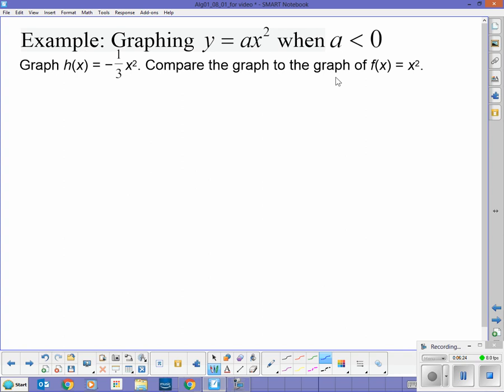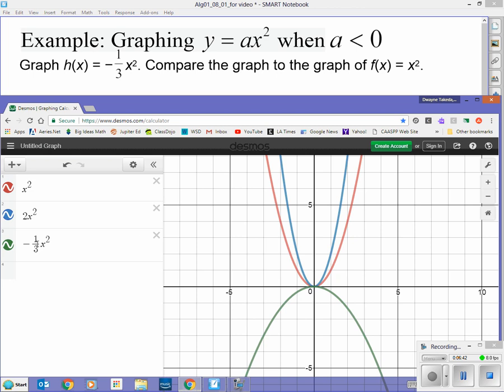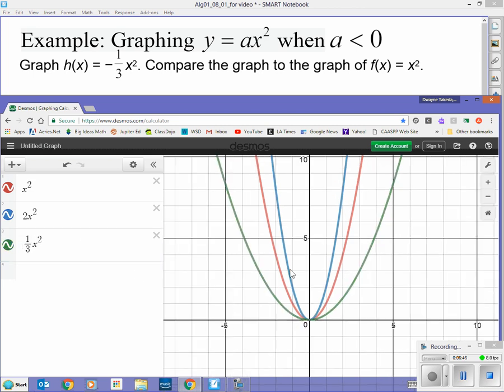And now we're going to multiply by negative 1/3. So negative 1/3 times x squared. Let's take the negative off first, so we can see that this shape is shorter. It's more like a bowl. It's shorter because all of the y values are being reduced by 1/3.